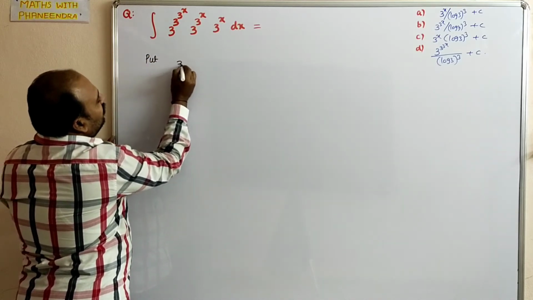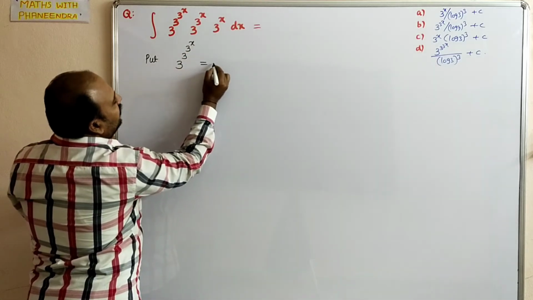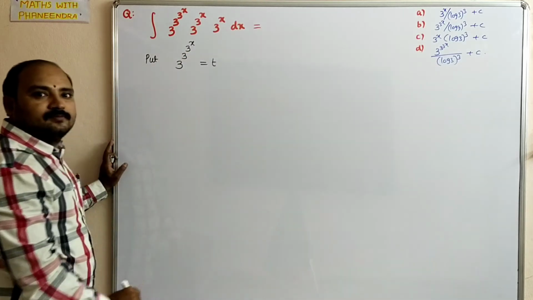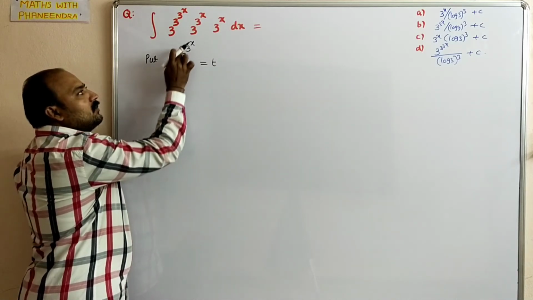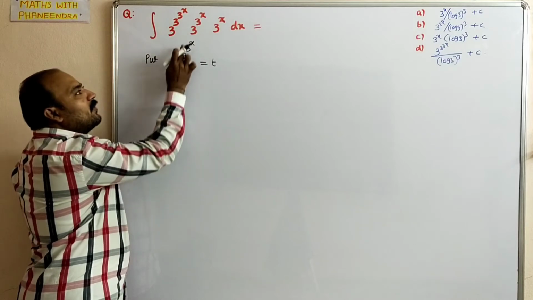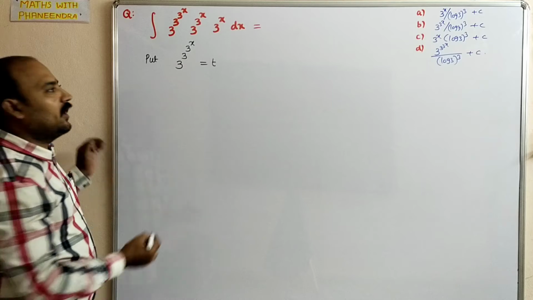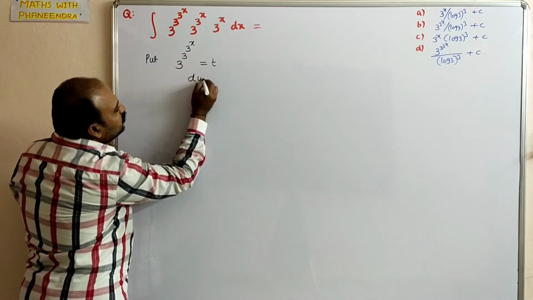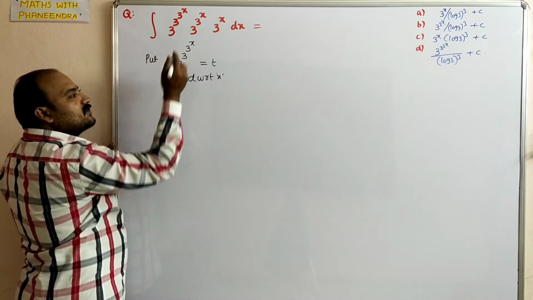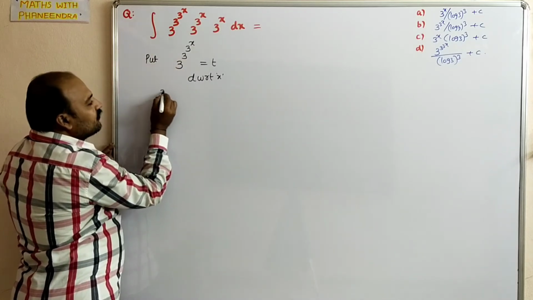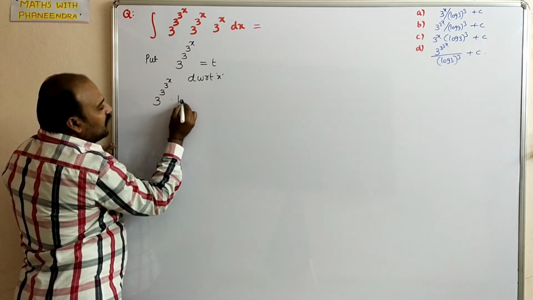Put 3 power x equal to t. It is in the form of a power x. What is the derivative of a power x? A power x into log a. So differentiate with respect to x. 3 power x derivative is 3 power x into log 3.